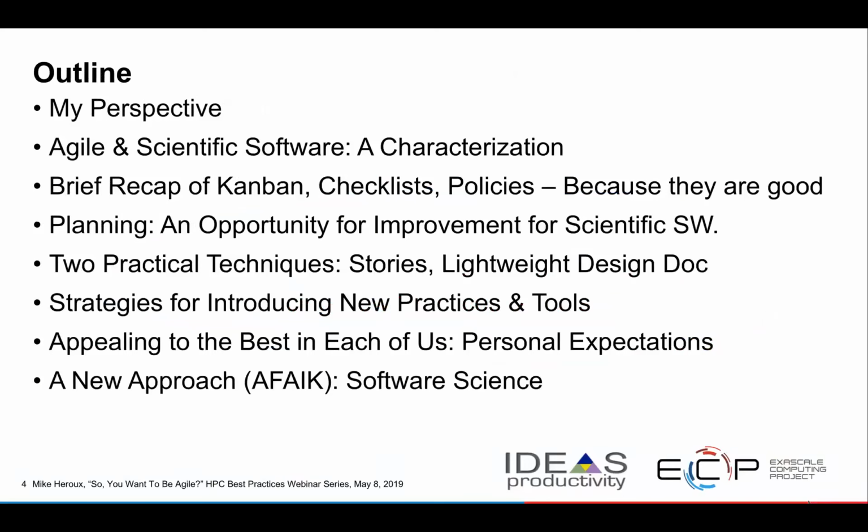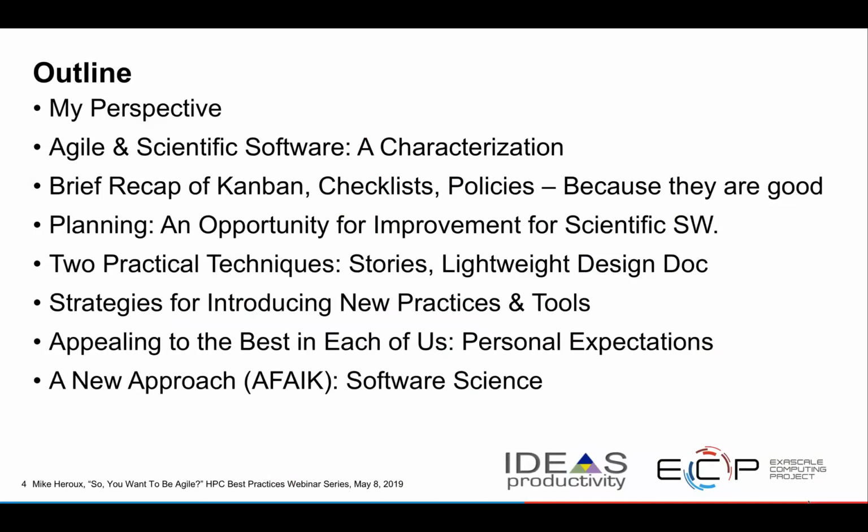I want to give a brief recap of Kanban, checklists and policies because, since I spoke about them back in September of 2017, I've only continued to grow enamored of them and learn and try to get more experience and apply them in a variety of settings. So I just can't give this talk without at least some mention of those topics.